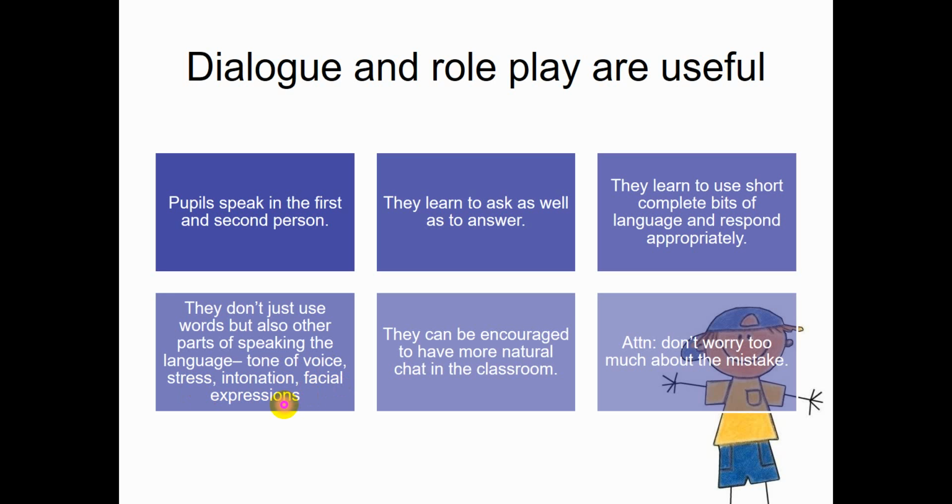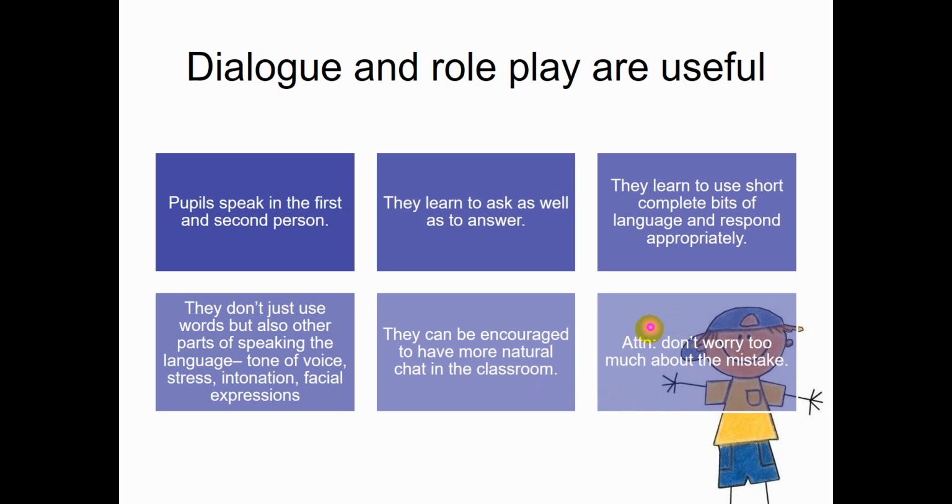They can also be encouraged to use more natural chat in the classroom. Why? Because they have practiced the dialogue. By repeatedly creating dialogue or role play in the classroom, they are encouraged, and they can talk in the classroom more naturally.